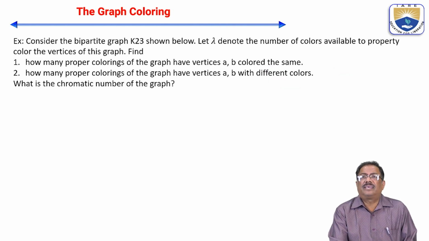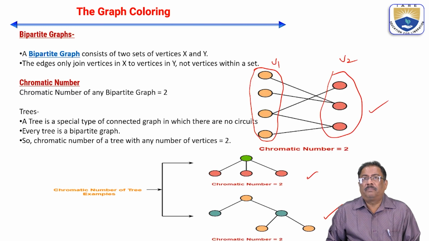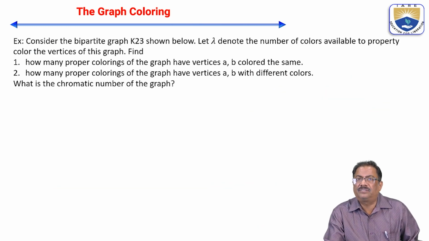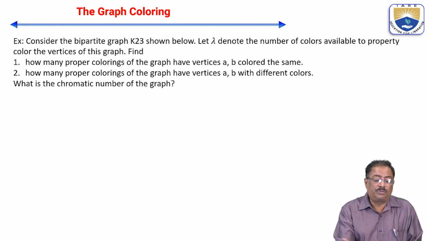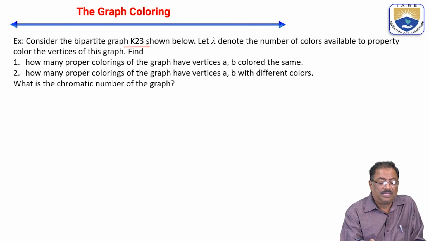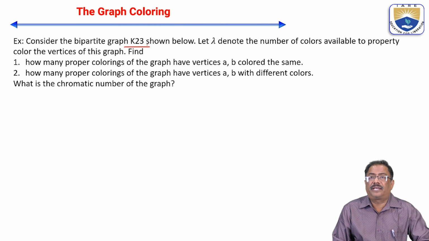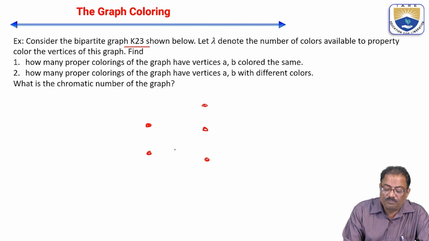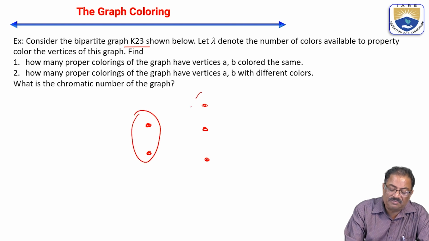Now, this is some brief concepts just to find out the chromatic number. Then some examples that we have to consider. Let us say a bipartite graph K2,3. That means 2 vertices will be there in V1 and 3 vertices will be there in V2. This is one part and this is another.